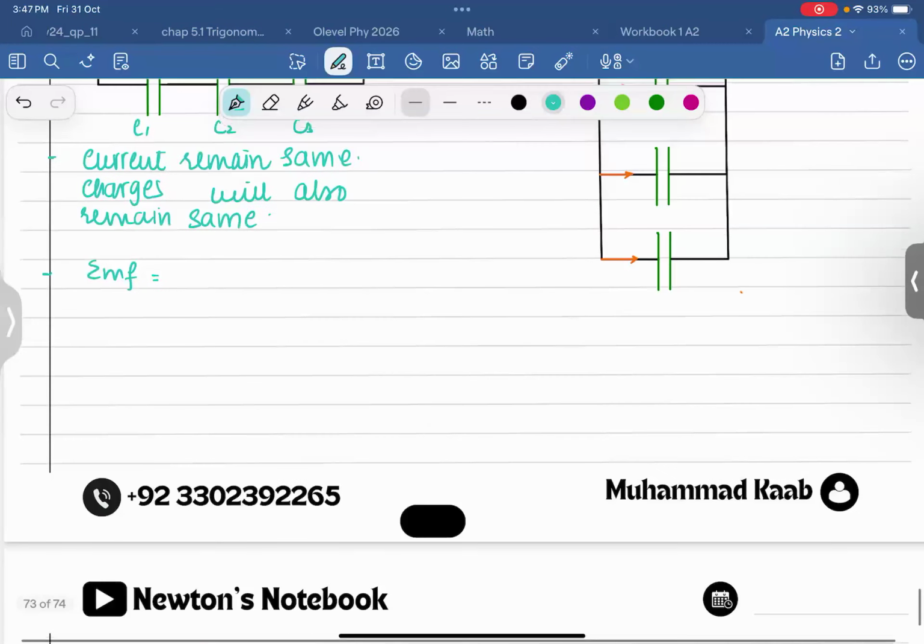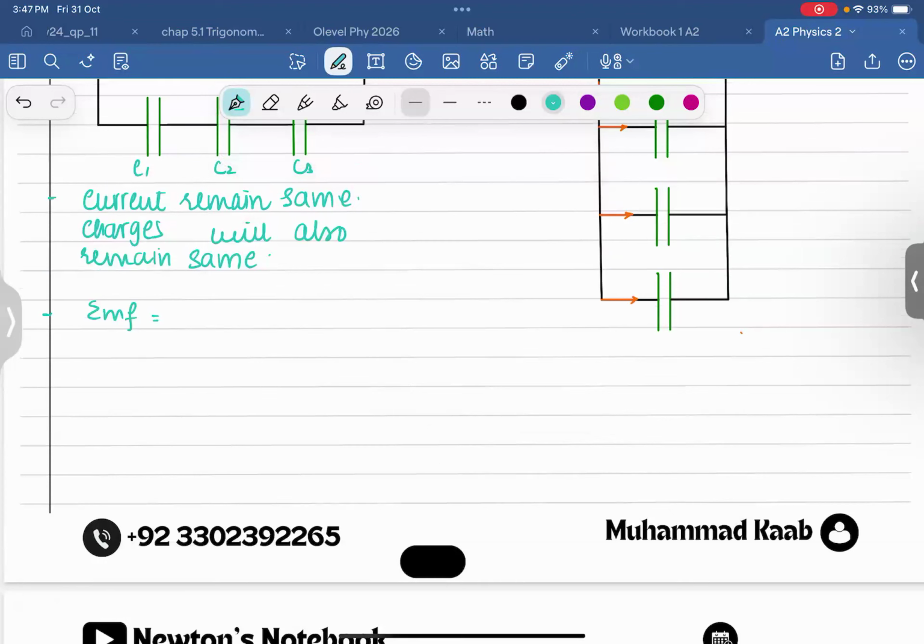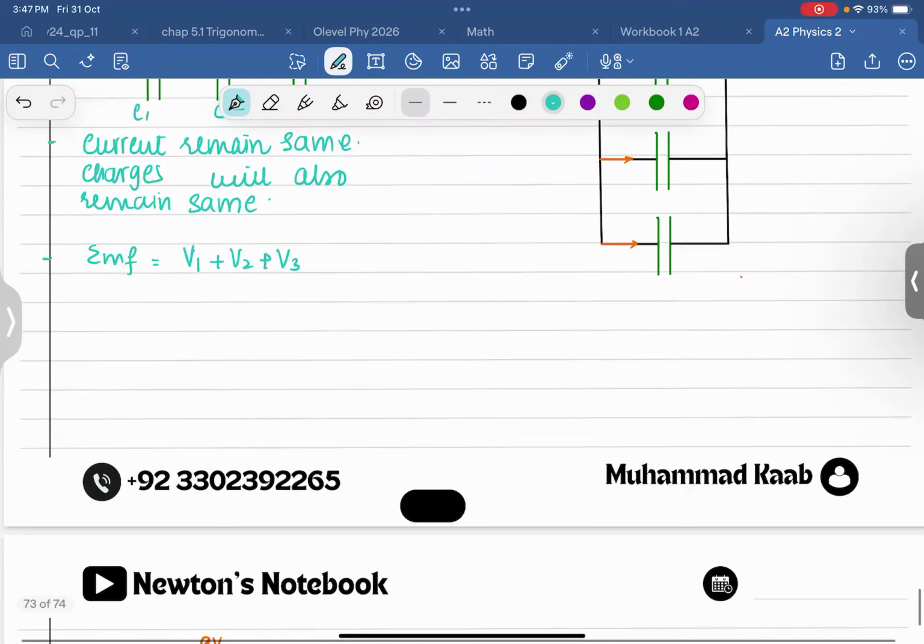The EMF, the total input, is distributed among V1 plus V2 plus V3, right? The voltages add up according to Kirchhoff's second law, the voltage law.